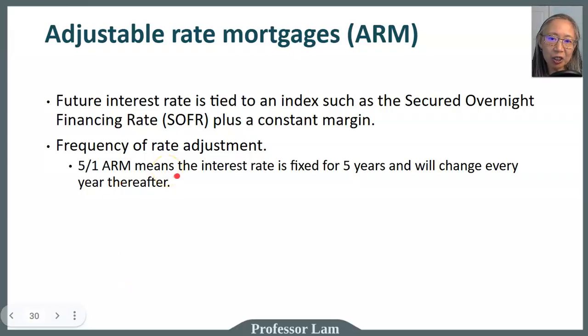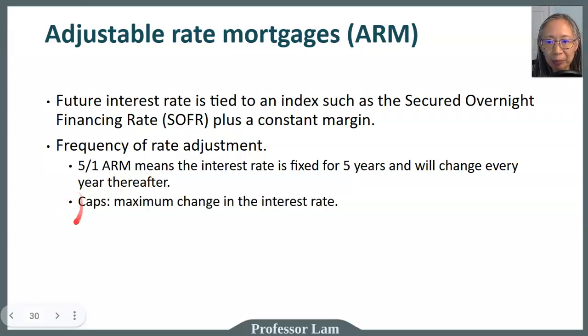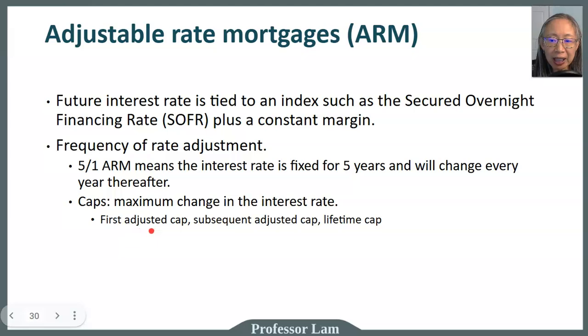In addition to the time consideration, meaning the duration for how long the rate is fixed and the frequency of change, it's also important to learn how much each change can be. Those are represented by caps. So caps are the maximum change in the interest rate. There is a first adjustment cap.